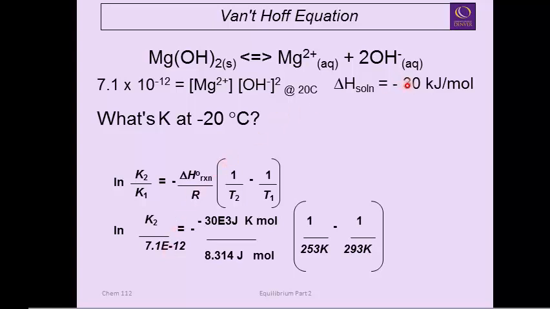Look, the heat of solution is expressed in kilojoules per mole, so we have to change it to joules so it'll cancel with the R factor. So you can just take minus 30 kilojoules as minus 30 times 10 to the third joules. So we can make that conversion pretty quickly. But the other key thing is the formula itself has a negative sign in it.